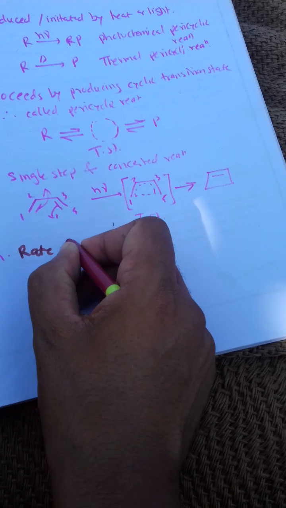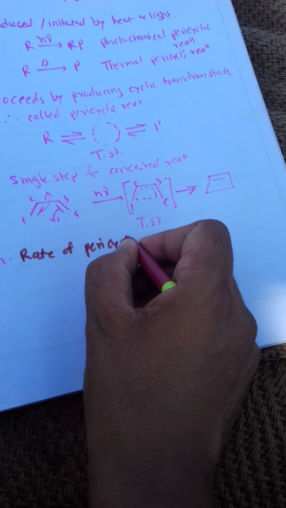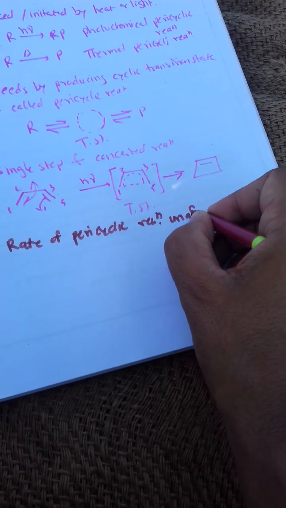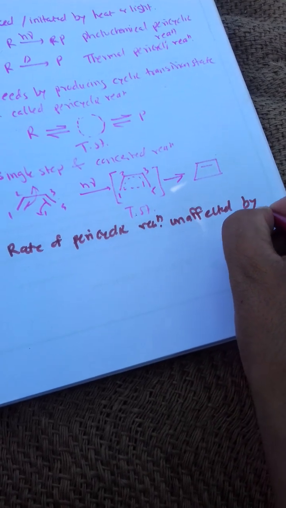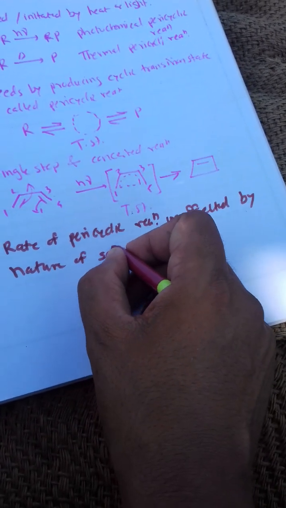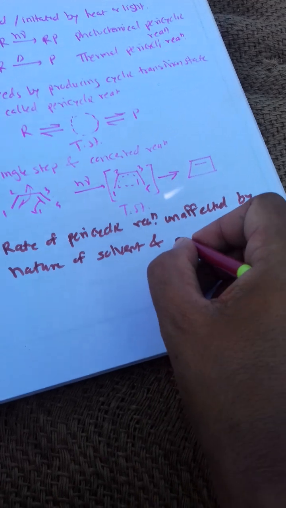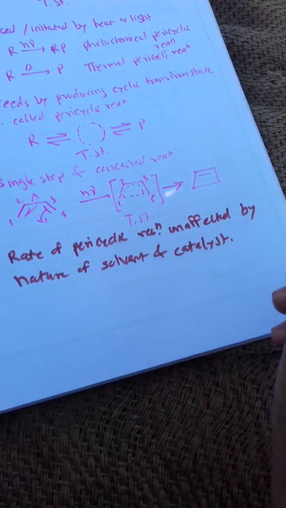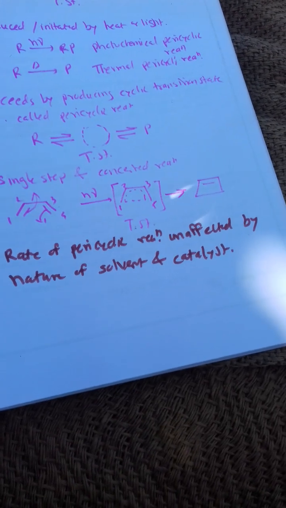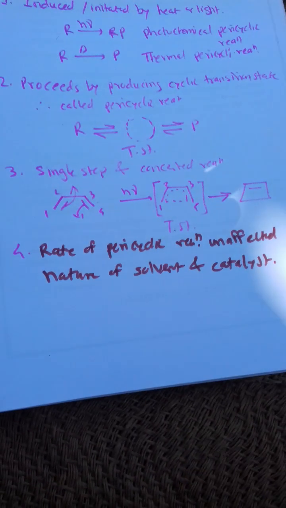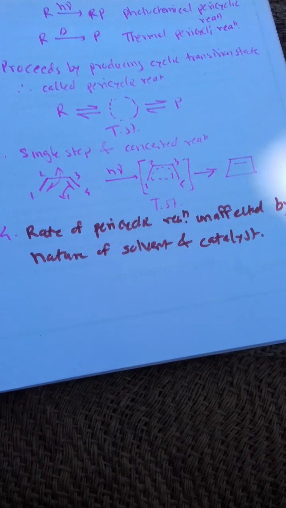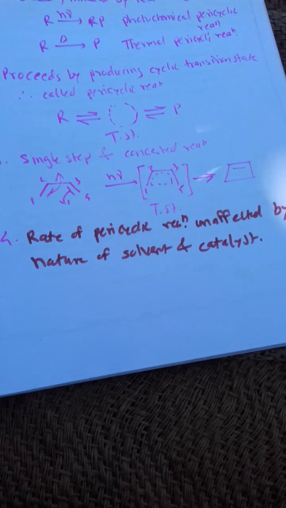In other reactions, the rate of reaction is affected by the nature of the solvent, like polarity, and by the catalyst. But in pericyclic reactions, the rate of reaction is not affected by the nature of solvent and catalyst.